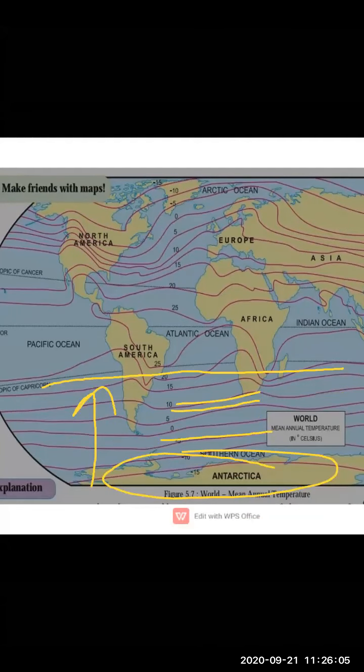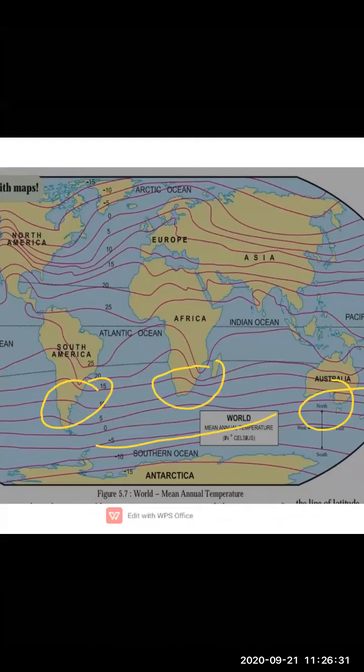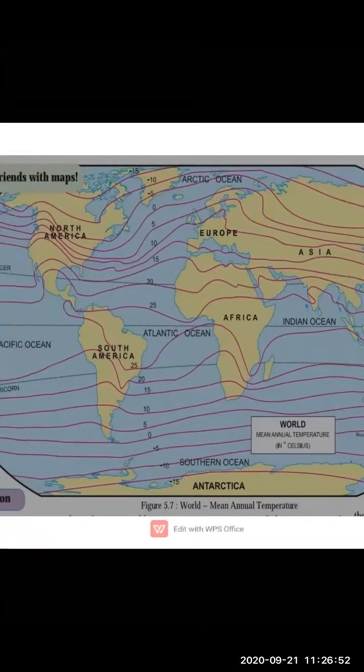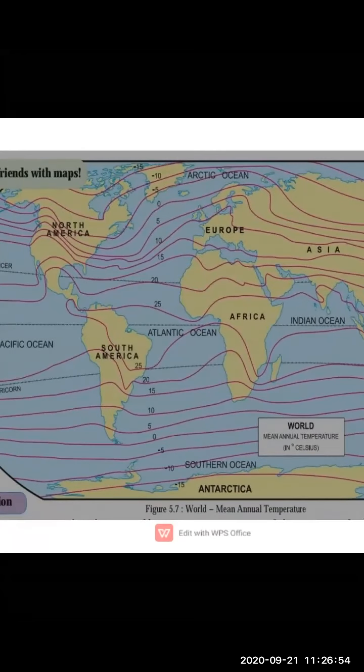The temperature in this region is going to be influenced by the latitudes only. Now see, children, now we will consider our northern hemisphere.